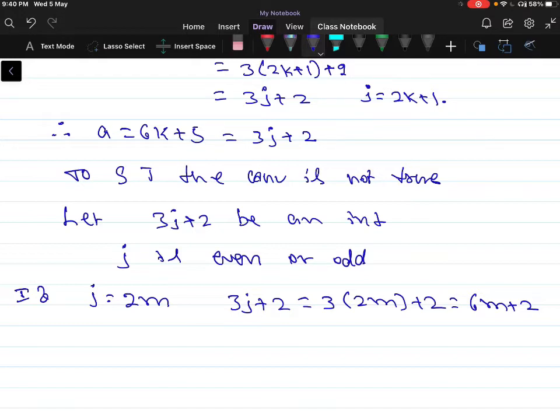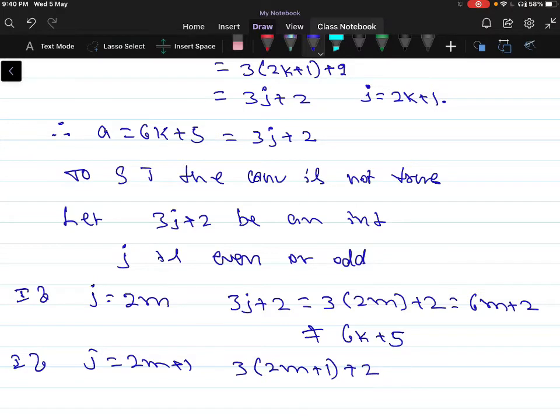So this is not of the form 6k plus 5. Suppose if j is equal to 2m plus 1, then 3 times of 2m plus 1 plus 2 is equal to 6m plus 5.